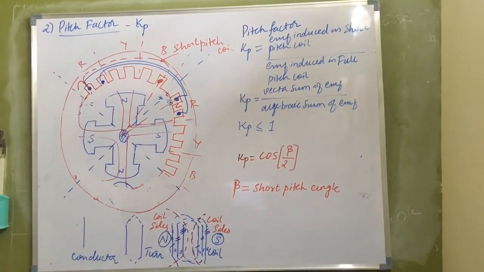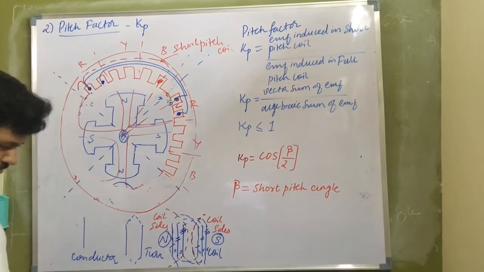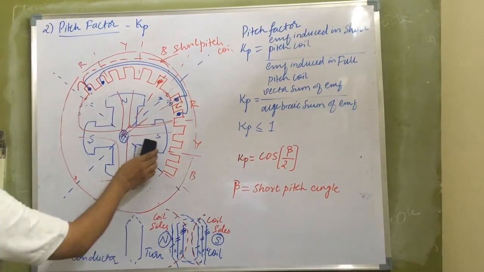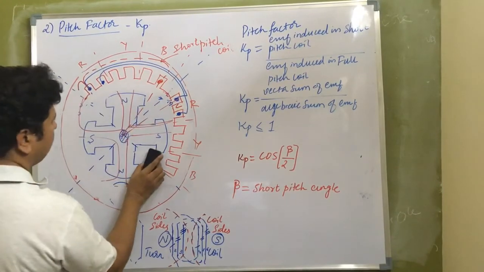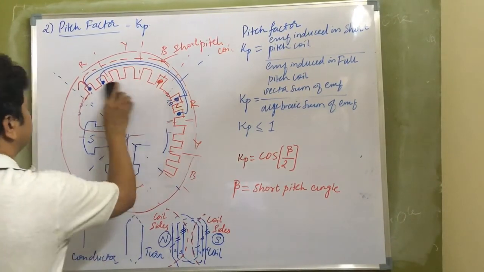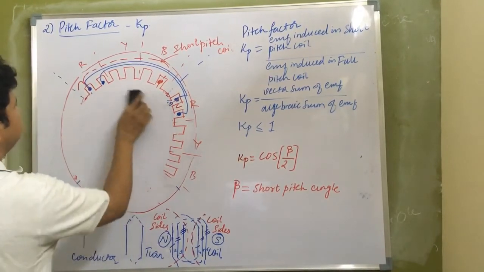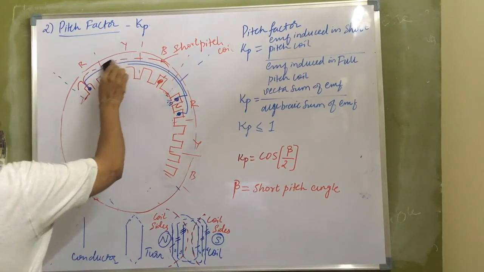Now see, there is an angle difference. I will draw only this part and rub out other things, so it is clearer, under the north pole and under the south pole. I will take only one conductor and one coil.